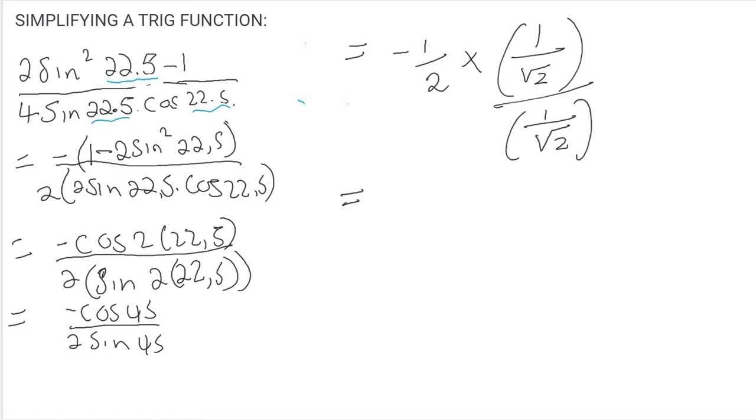If you simplify it, it will give you 1 multiplied by -1 over 2, and this now will just give you -1 over 2, and then you're done.